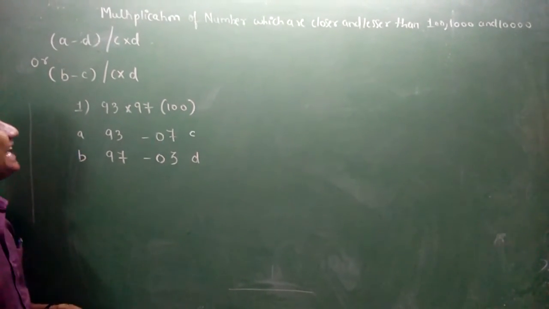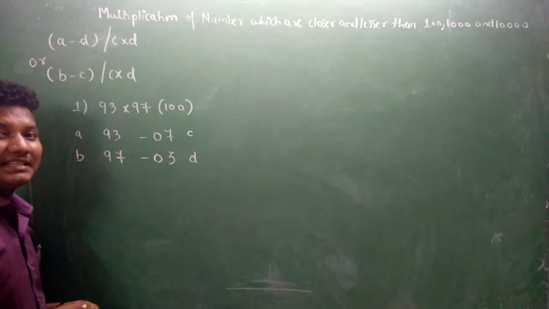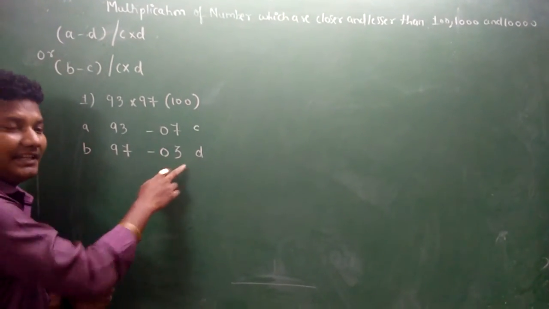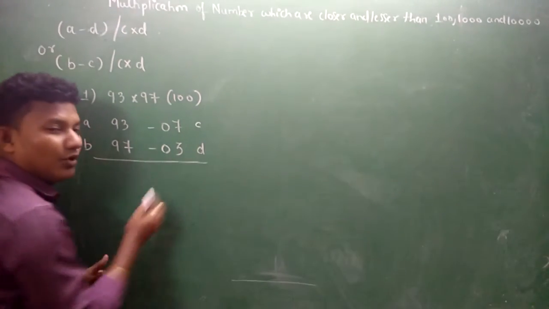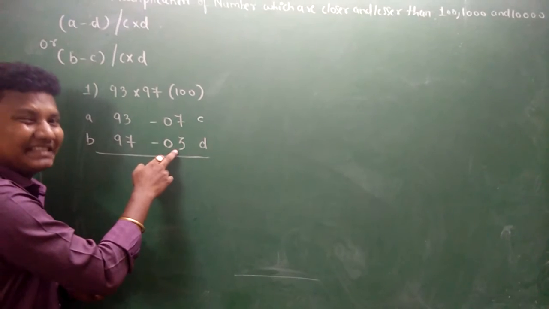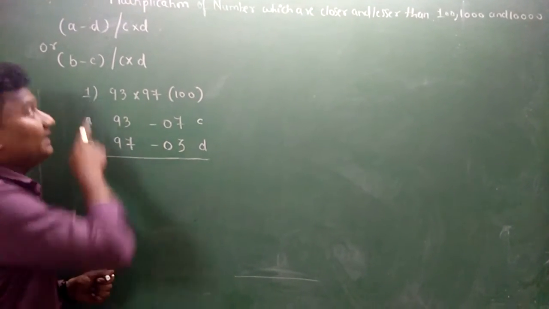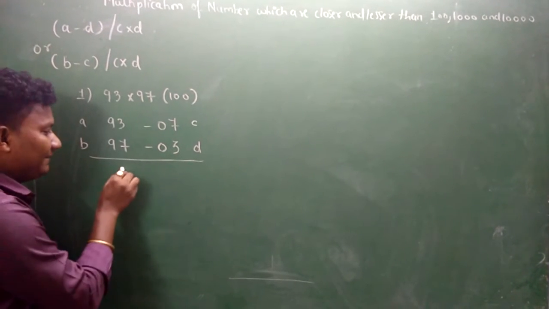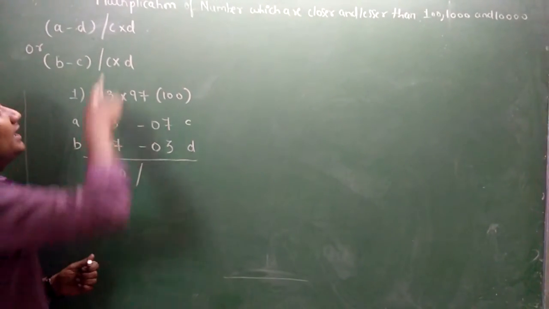So what is the first formula? That is (a minus d)/(c into d). So this is a and this is d. Let's see what answer you will get. 93 minus 03, that means 3 only. What is 93 minus 3? Applying the formula a minus d, 93 minus 3 is 90, then c into d.